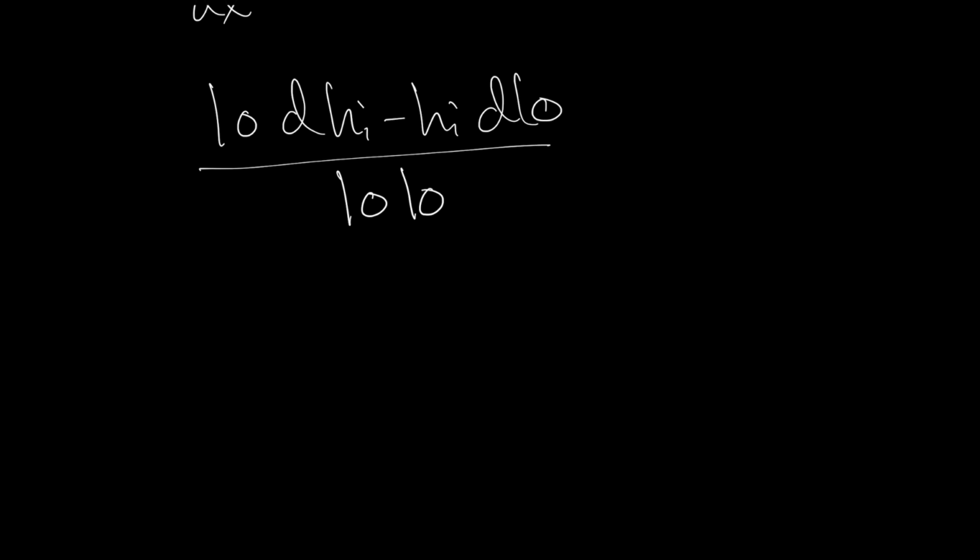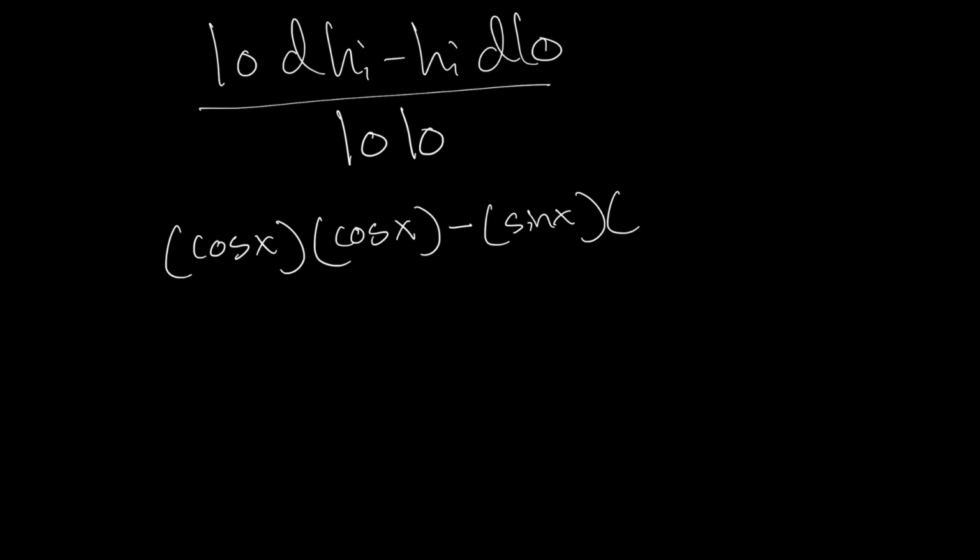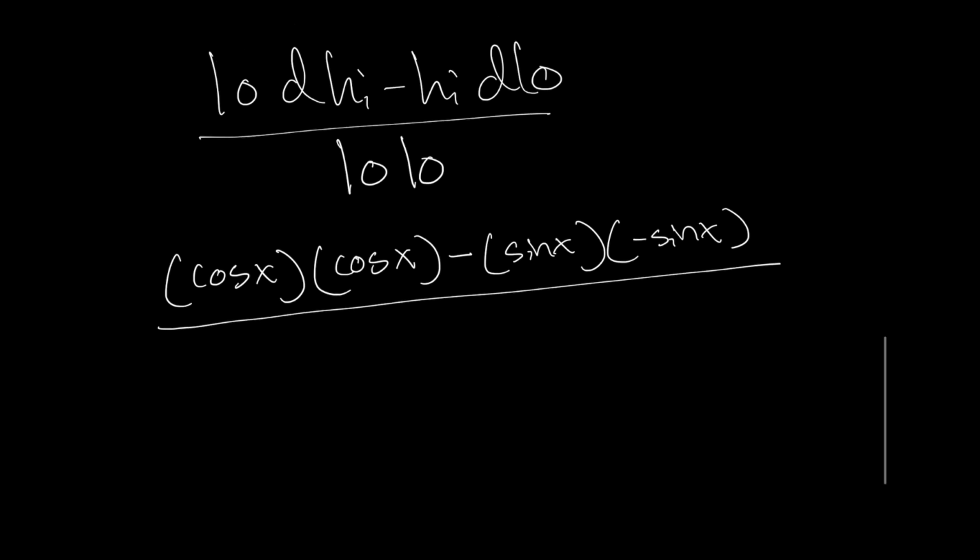So our high would be sine and our low would be cosine. So we would have cosine x times the derivative of the top, which would be cosine x, minus the top, which is sine x, times the derivative of the bottom, which is minus sine x, over low low, which would be cosine x squared.